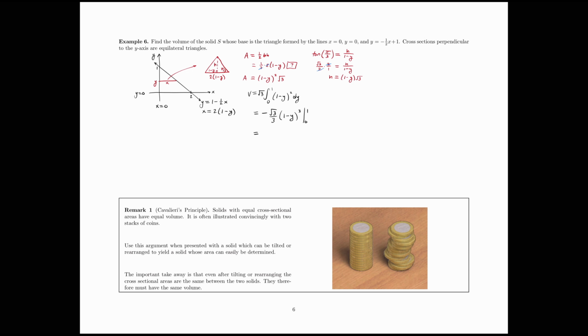When we plug in the top bound 1, this term turns into 0, so we get 0 for that evaluation, minus a negative, so positive root 3 over 3 times 1 cubed. Let's say the units are meters, so the volume would be root 3 over 3 meters cubed.